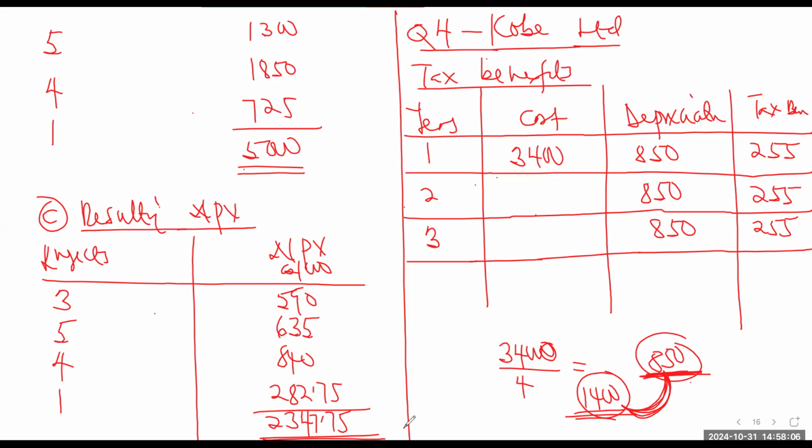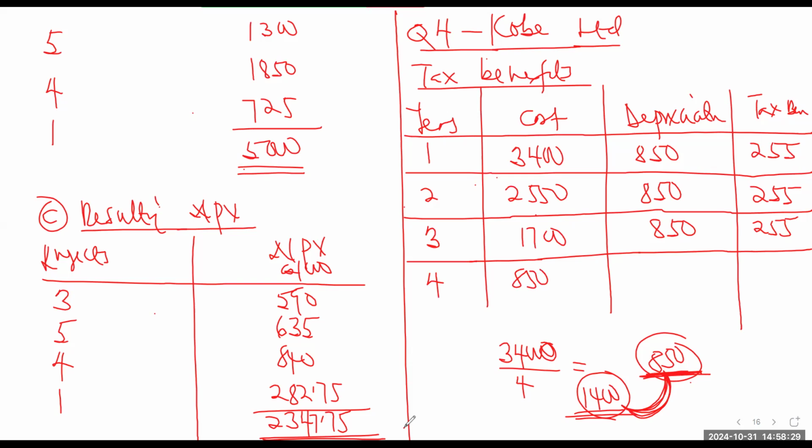So let me come over here. This will give us the difference over here. Let's have the cost of the asset at the end of every year. So 3,400 minus 850. We have 2,550. And this will be 1,700. And year 4 will be 850.